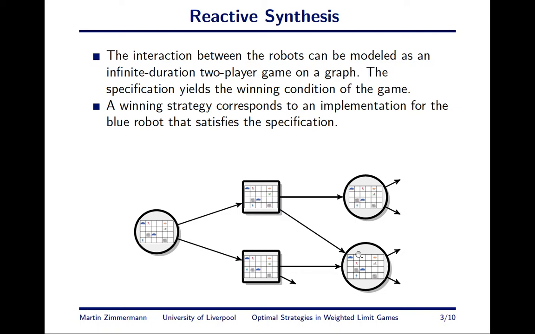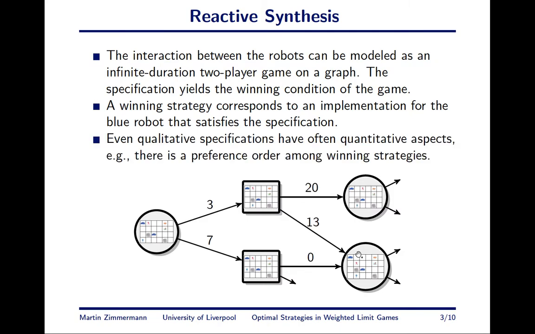This problem has been studied since the late 60s already, and a lot of work has been done. Let me just mention one thing that is important for the work here. Oftentimes you have a qualitative specification, for example, reach the cookie, but these qualitative specifications often have quantitative aspects. You could, for example, try to optimize the time it takes you to reach the cookie.